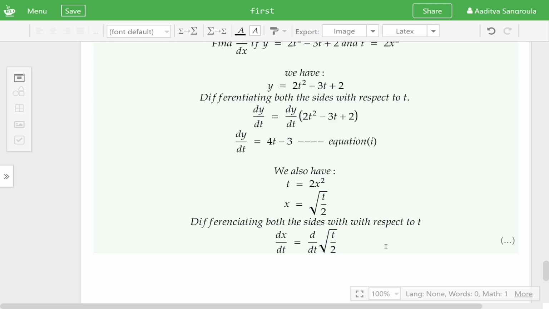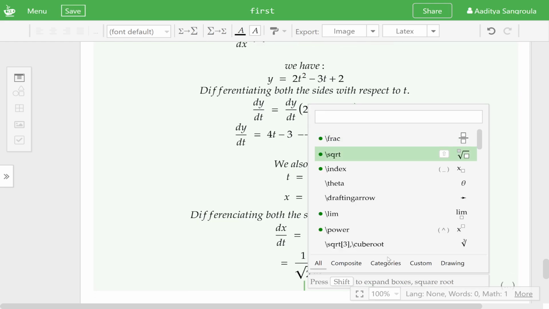So it would be equal to 1 over root 2, right, times d over dt of root t, that's t to the power 1 over 2, times 1 over 2.